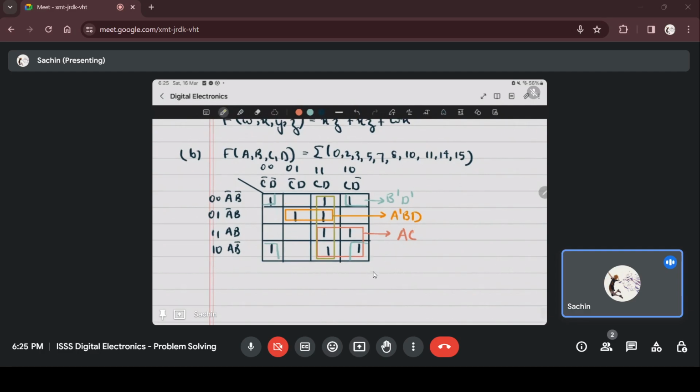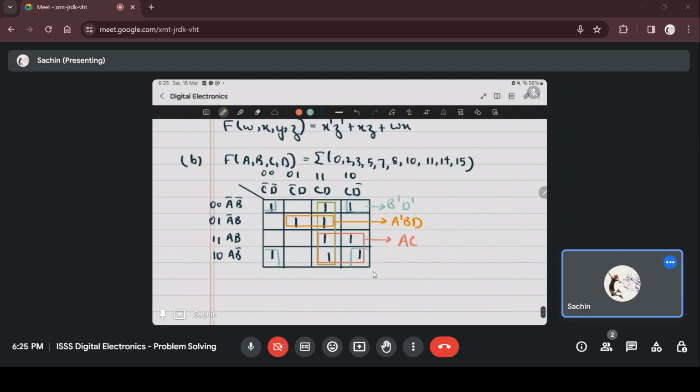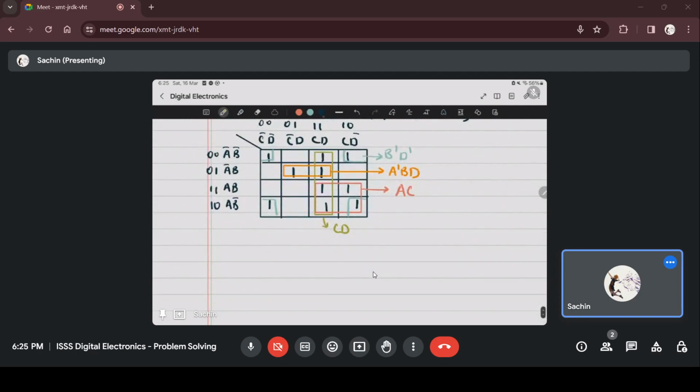I'll cover it in that way, and that group is CD. So f of ABCD is equal to CD plus AC plus A prime BD plus B prime D prime.